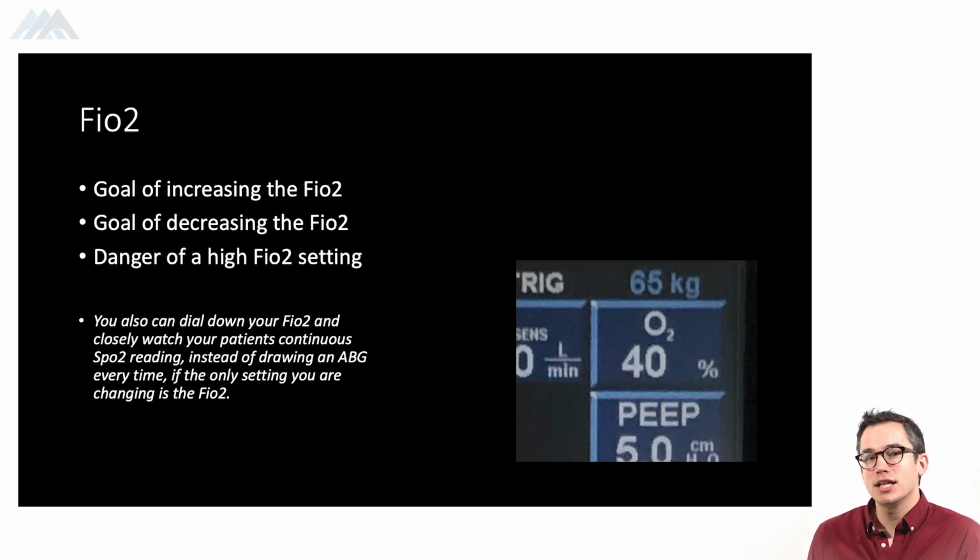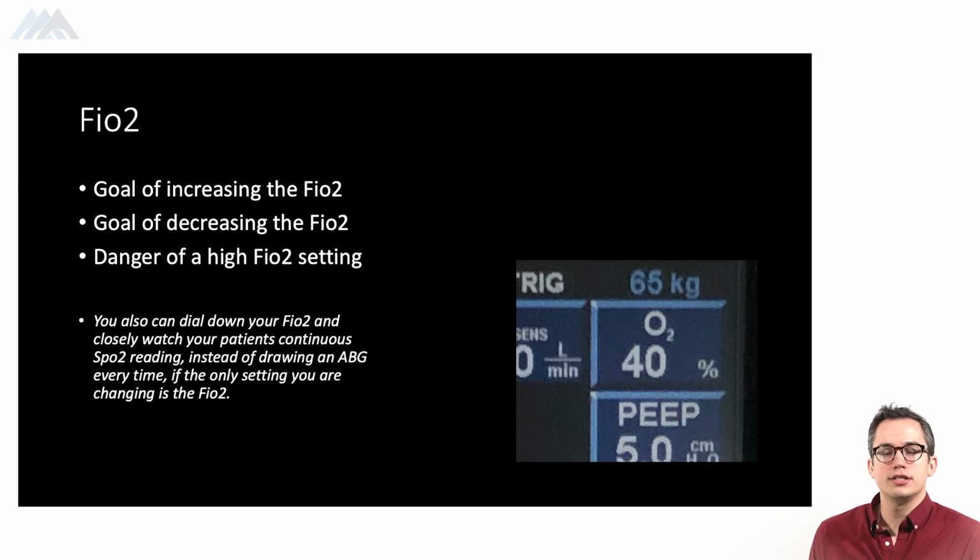All right. Much like our PEEP is going to help increase our PaO2, setting our FiO2 is also going to help us raise our PaO2 as well. Initially, your patients are going to be hypoxic, and your first FiO2 that you're going to set them to is going to be 100%.